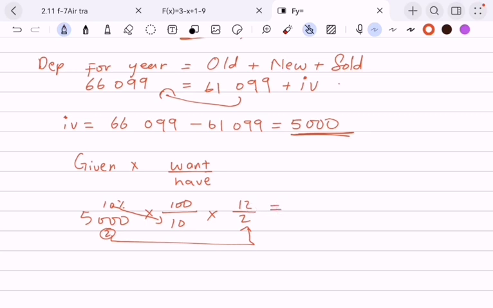Then let's punch that inside our calculator. That is going to be 5,000 multiplied by 100 over 10 multiplied by 12 over 2. Then how much are we getting? We're getting 300,000.